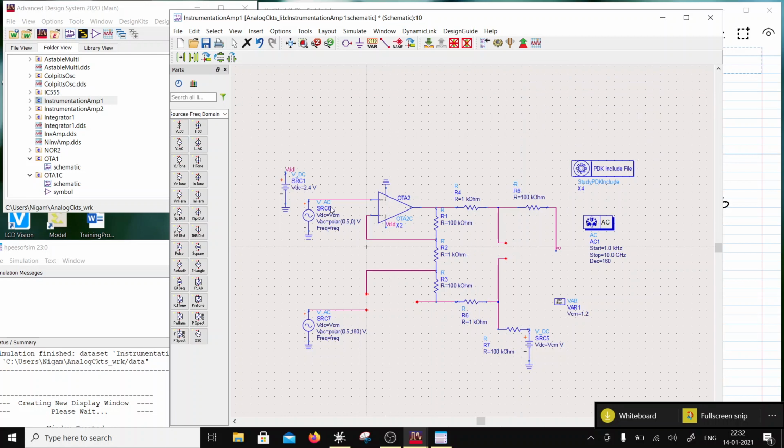So next I am going to copy this one and mirror it out and put it here, and F5 over here, and then I will copy this guy and put it at the output stage like this. So now the same thing is repeated with the OTA.